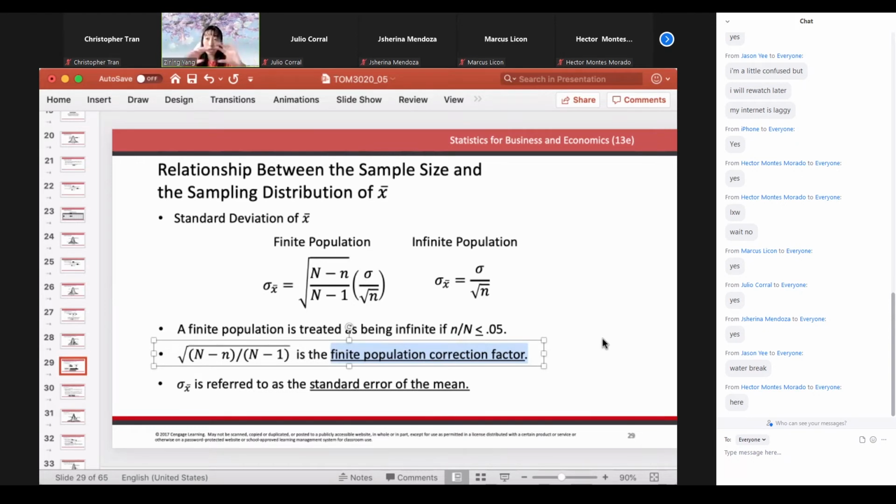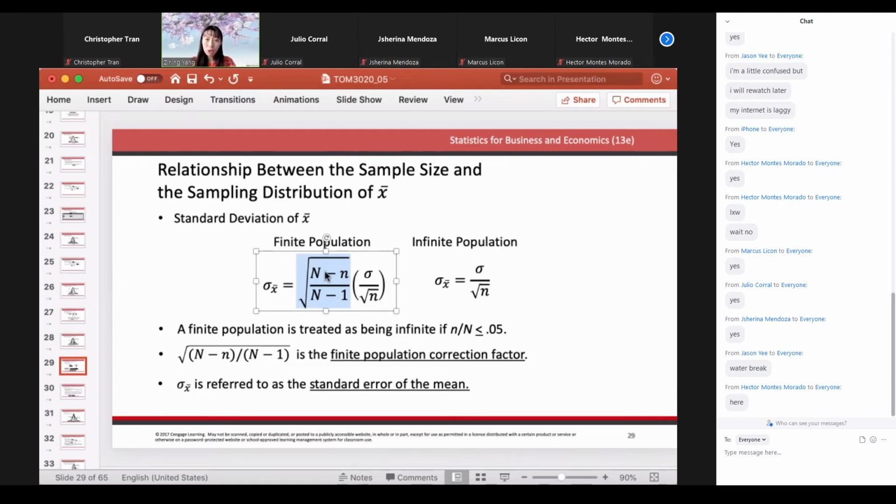If the number is all over the place, it's hard for us to estimate. But if we know it doesn't deviate, all the values are very close to each other, then we can safely, confidently make an estimation. So this component, the square root of large N minus n over large N minus 1, population size minus sample size over population size minus 1, in square root.